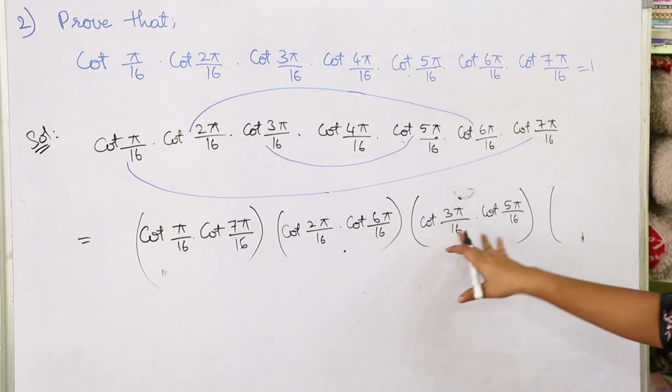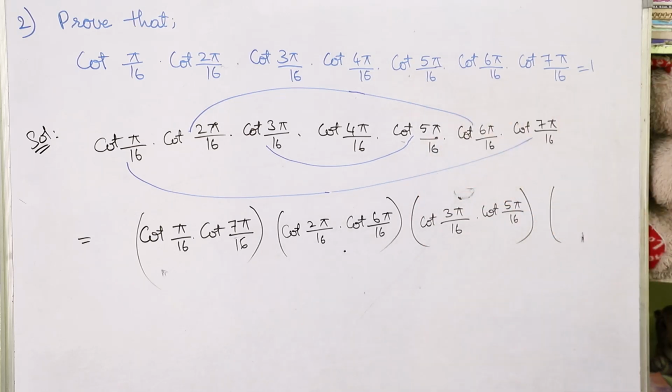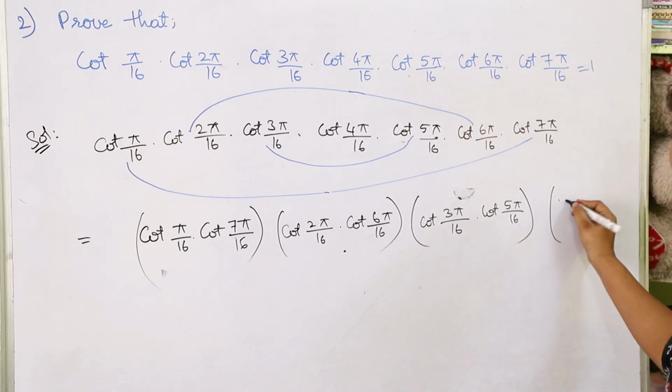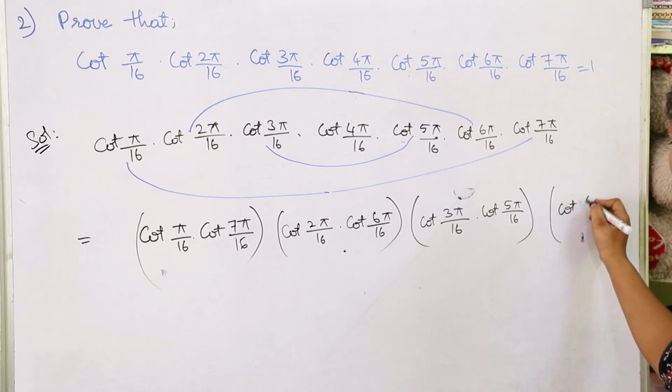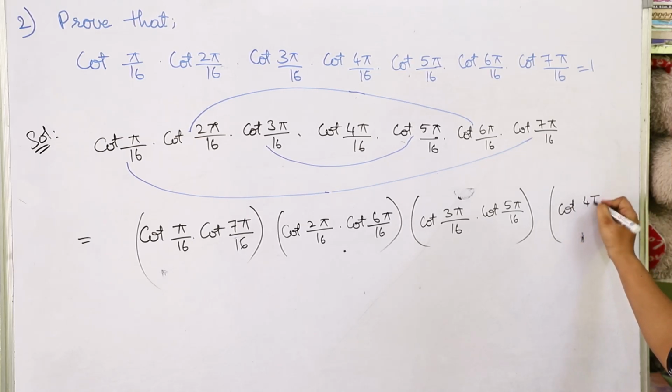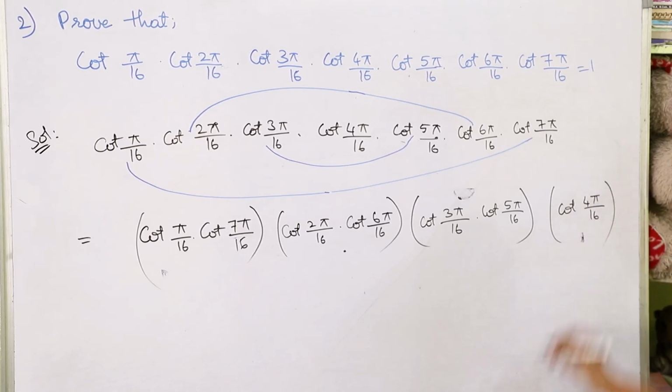Okay, all are paired, so the only single one is cot 4 pi by 16. So let me write down cot 4 pi by 16 over here. Single one. So clear?